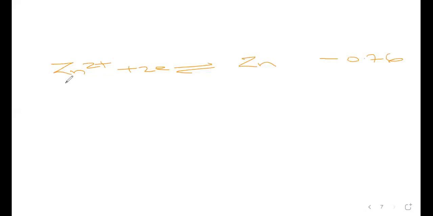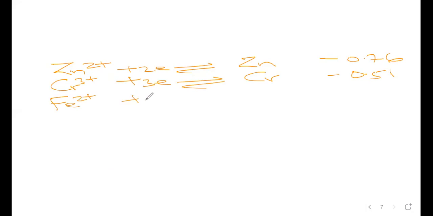After zinc, chromium comes in. We didn't look at this in O level. Chromium is negative 0.51. After chromium, iron 2, and iron has an electrode potential of negative 0.44.